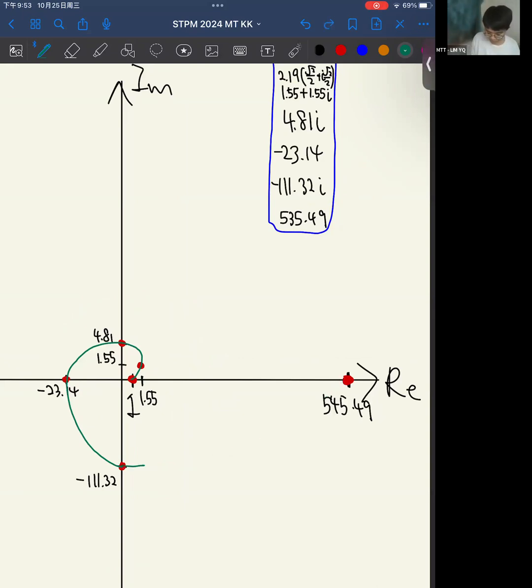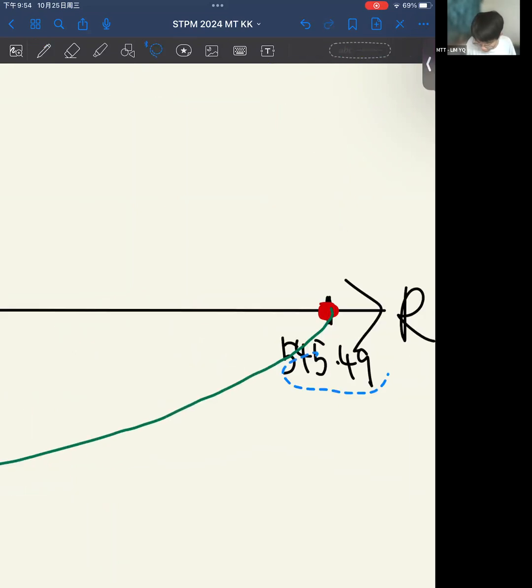Not that perfect, draw again. Can you suggest any? We can just estimate. Later I will show you the real one.